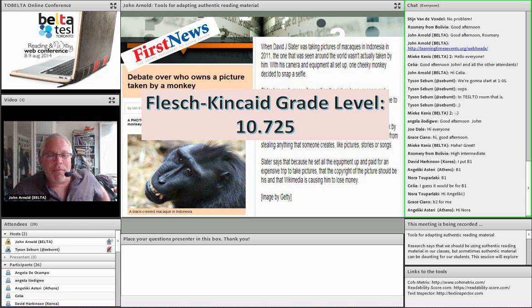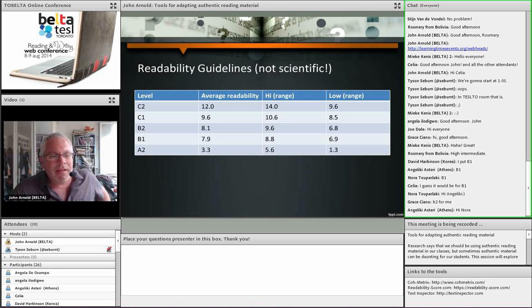And if we just go back to that chart for just a second, we see that that would be almost at a C1 level in terms of readability, the ease with which people could read it.